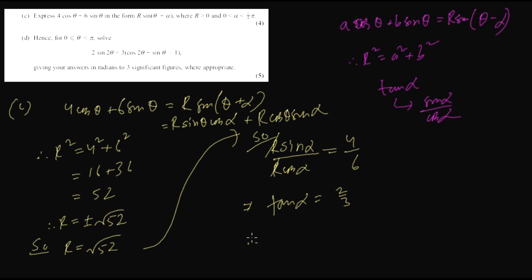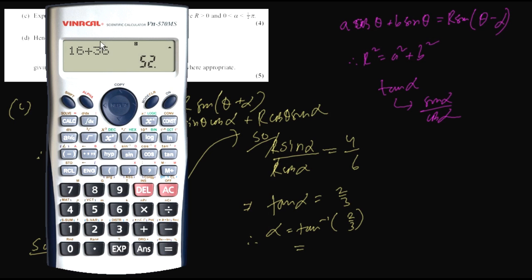Now here you don't have to solve the equation because this is just find the value of alpha, so just do inverse. So alpha equals to tan inverse of 2 by 3. Now one thing is very, very important, it has to be in radian. Be very careful. C4, most of the things are in radian, so convert the calculator to radian.